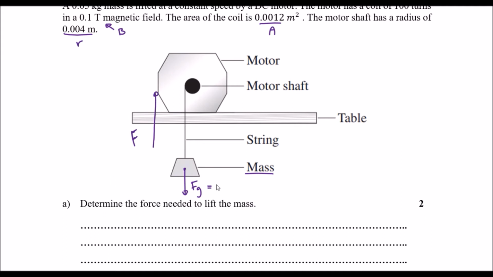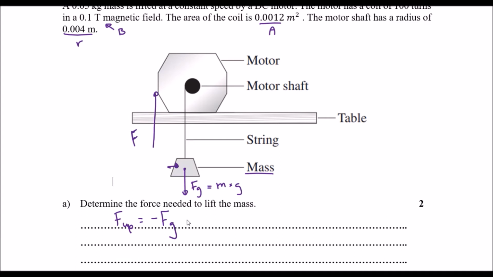We can find that based on the mass of the object times the acceleration due to gravity, which means in order for us to lift the mass, we need a value that is at the same value of the weight force or higher to pull it up. So the force to pull upwards, force up, will be equal to the opposite component of our gravitational force.